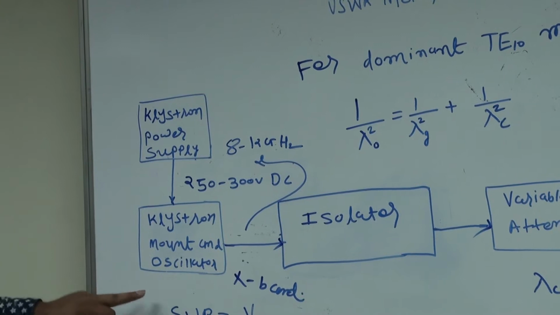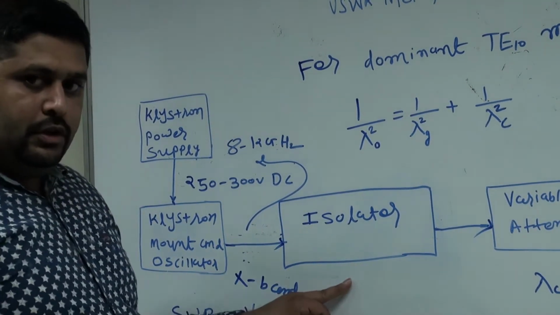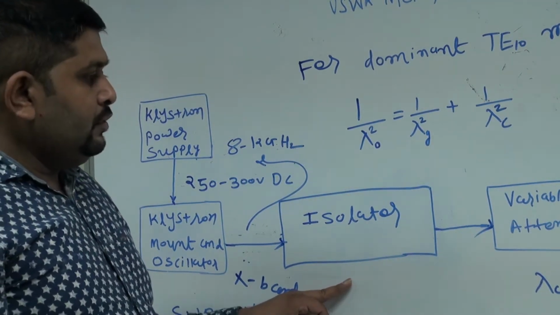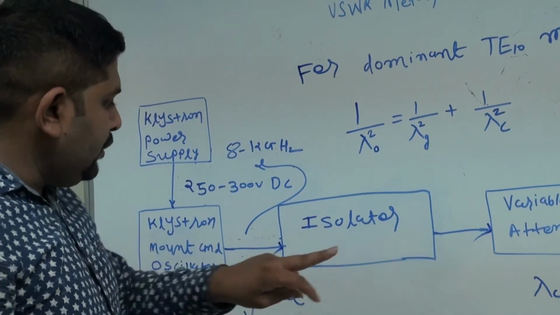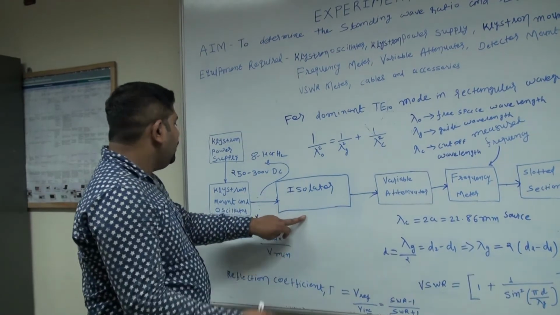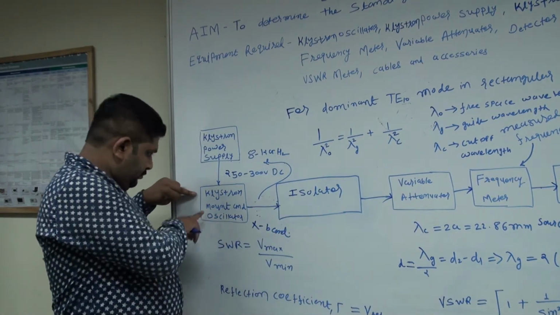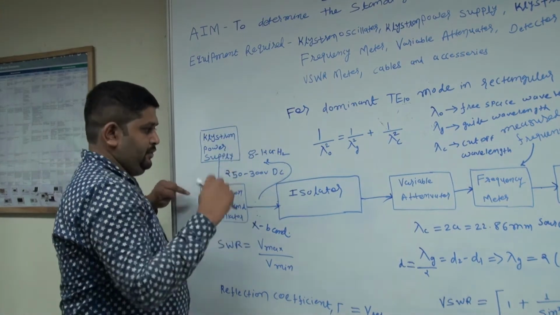Output of the klystron oscillator is input to the isolator, and the function of the isolator is to allow power flow in one direction, means forward direction. It does not allow backward power, otherwise our klystron oscillator goes to damage.